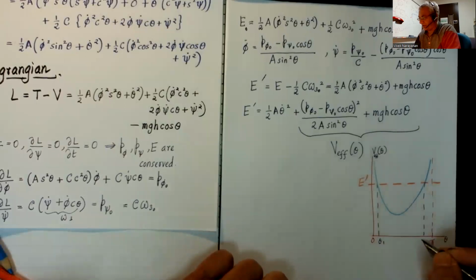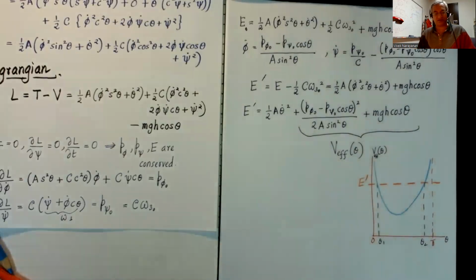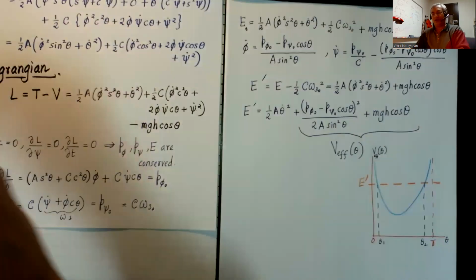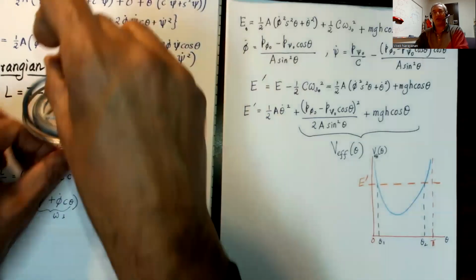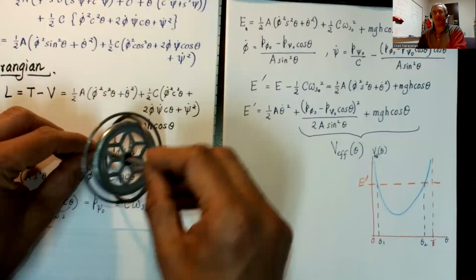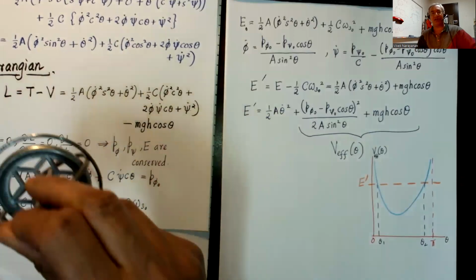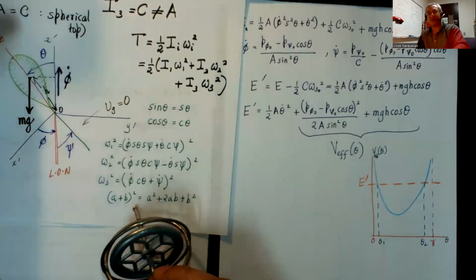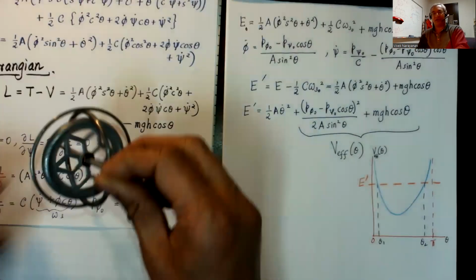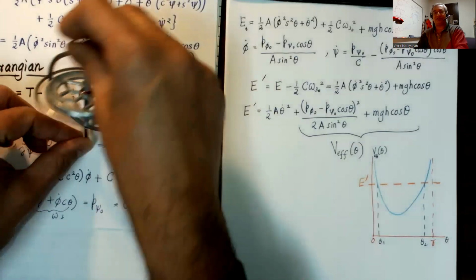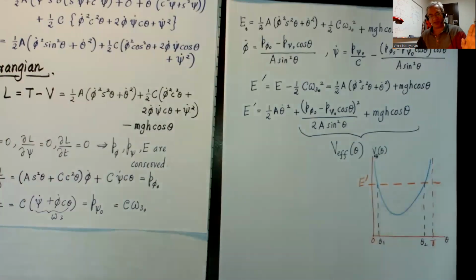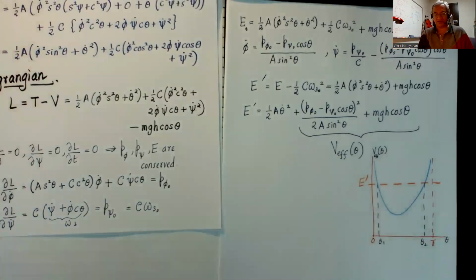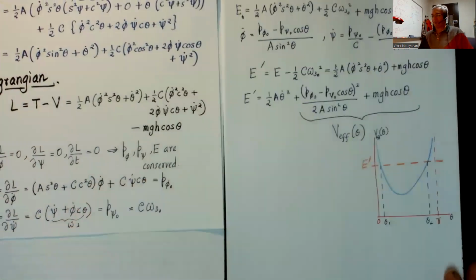So that's reassuring. No matter how crazy you start the top off, it'll always nod between two values of theta. Theta is the angle that tells you how far the top is from the inertial z-axis. So it's always going to be nodding between two angles. That nodding can be complicated, and we won't cover that in this video. You can look at my notes for further information on the nodding behavior.